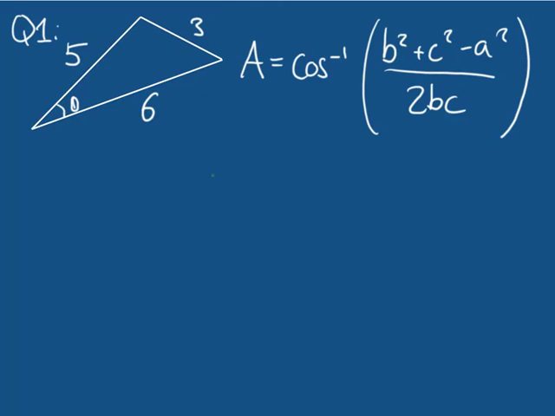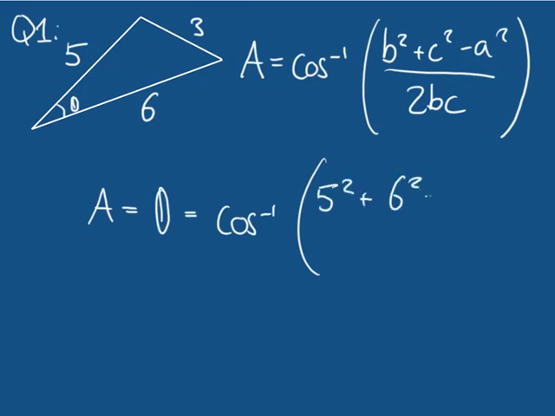So theta is equal to the inverse cosine of 5 squared plus 6 squared minus 3 squared, divided by 2 times 5 times 6.